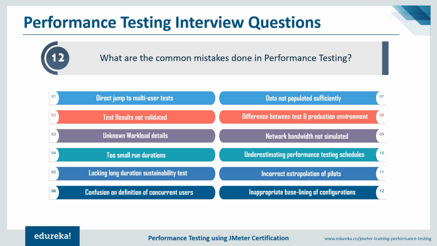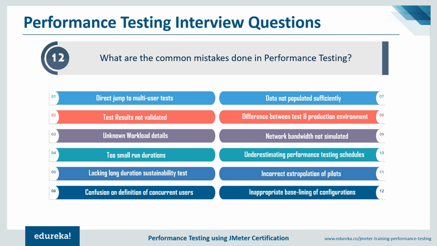Next up is lacking a long duration sustainability test. Then we have confusion on the definition of concurrent users. Also, another common mistake is data not being populated sufficiently. If there is too little data, the performance testing will not give you proper results. Also, you need to figure out the difference between the test and production environment.